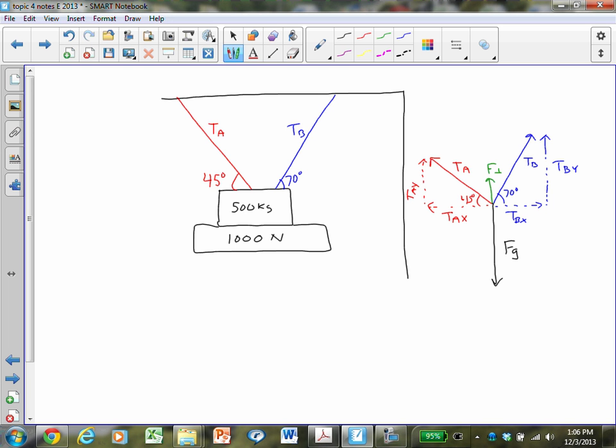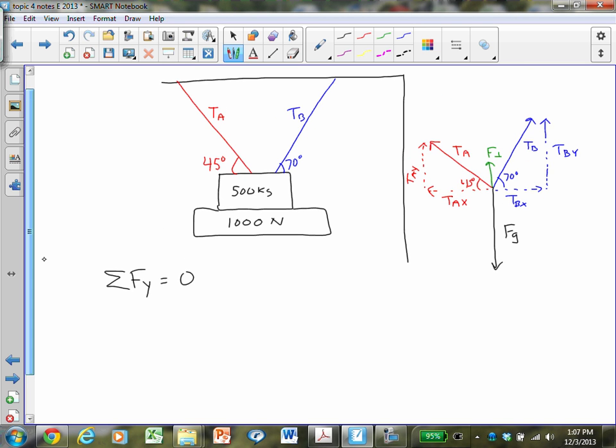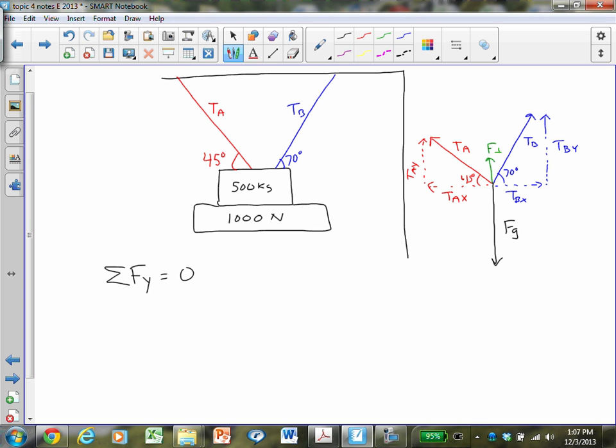Then it says write out the sum of the forces in the y direction. Well, the sum of the forces in the y direction equals 0. So this is our ups equals our downs. Give me a force that's going down, Hannah. FG. What other forces are going down? Courtney?